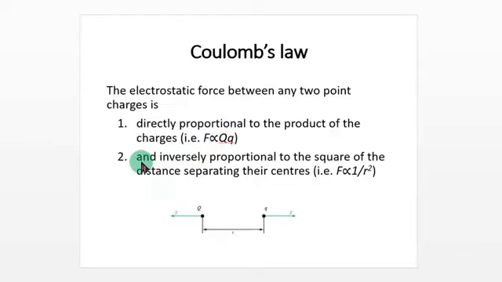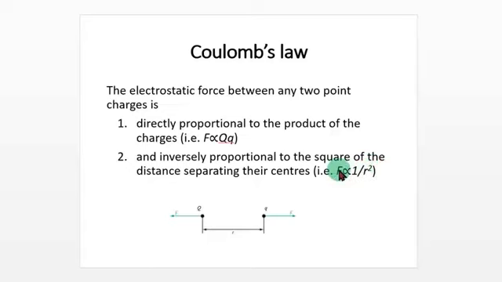Now, the law is also telling us that the force will be strong if the charges are closer to each other. That's what we mean by inversely proportional. If it's inversely proportional, then as the denominator gets bigger, the force becomes smaller because we are dividing by a larger distance.